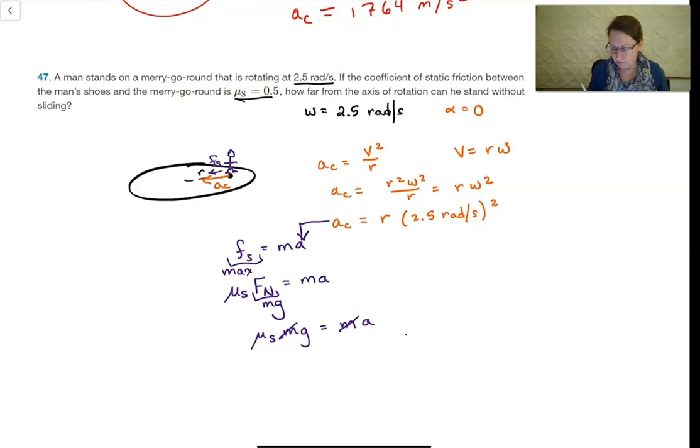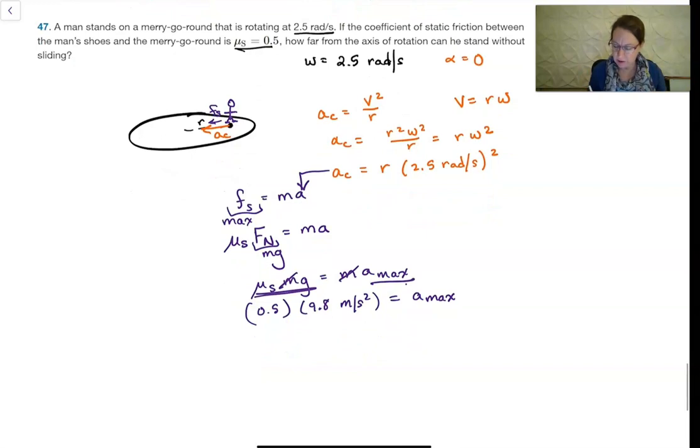So the maximum acceleration we can have would be mu s times g, or 0.5 times 9.8 meters per second squared, which is equal to my maximum value of the acceleration that the friction can provide. And so the maximum value friction can provide is obviously half a g, 4.9 meters per second squared.